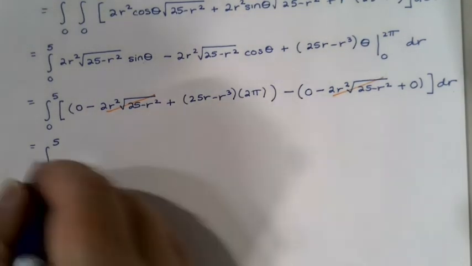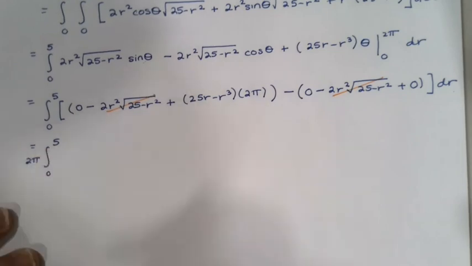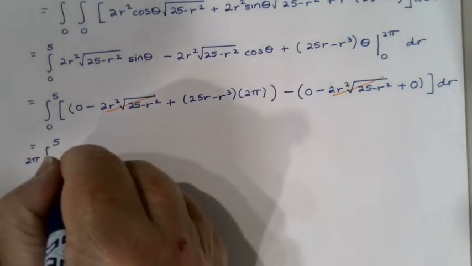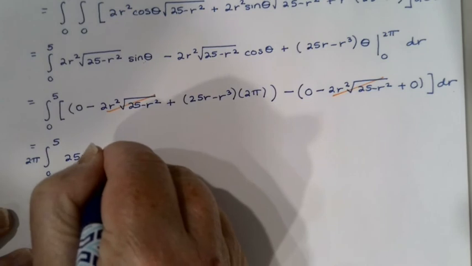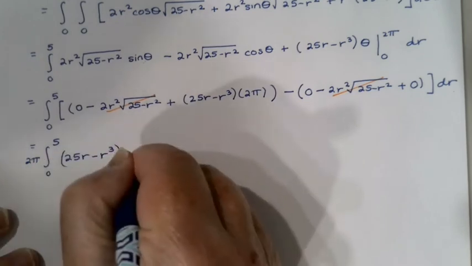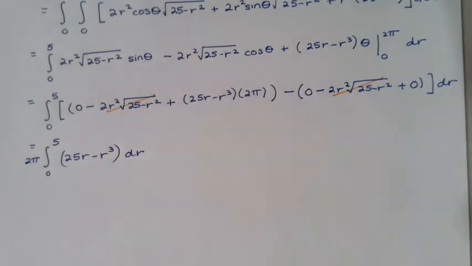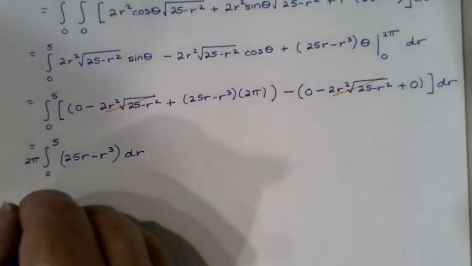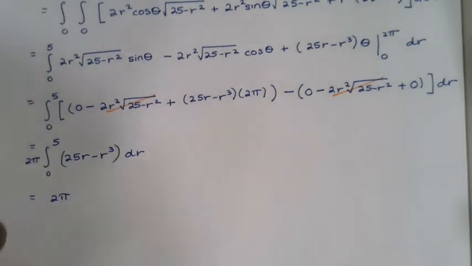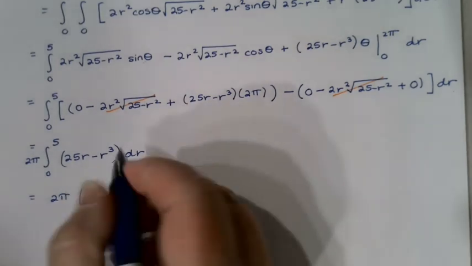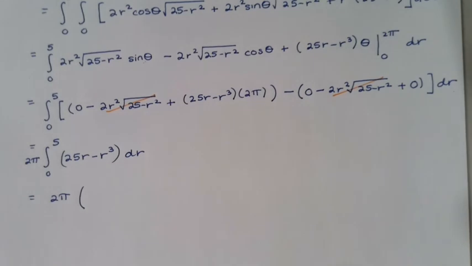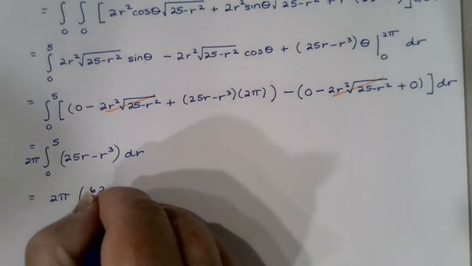So I'm going to pull the 2 pi out front, and then I've got 25r minus r cubed dr. That we can do on a calculator, although it's also not even hard to do by hand. And we ended up getting 2 pi times, hang on, let me plug that in my calculator. All right, that gave me 625 over 4.